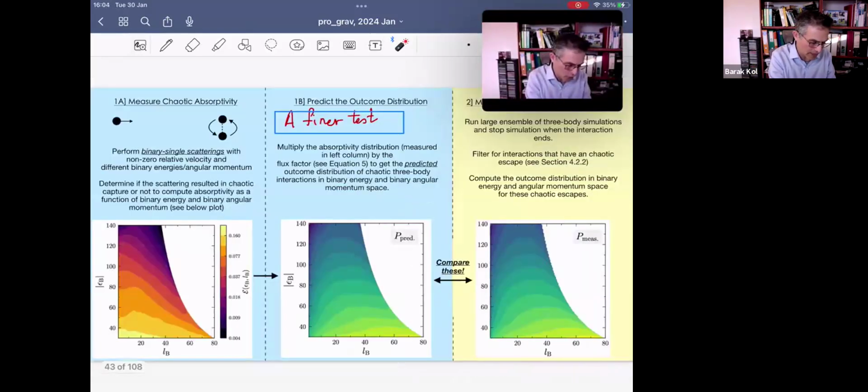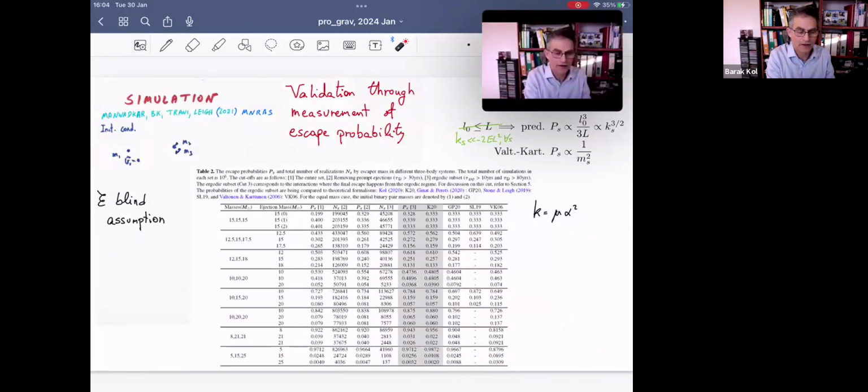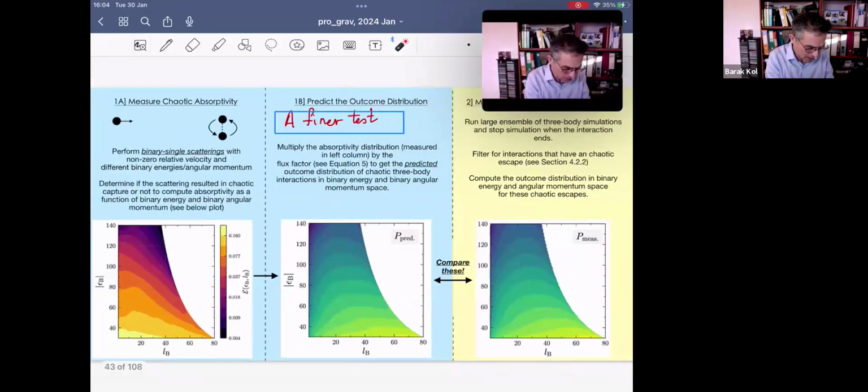But we can do more than that. That's just a discrete variable, 1, 2, or 3. Which one escaped? We can also consider continuous variables. And this is what we did here. We measured the chaotic absorptivity in experiments. And that's a shorter measurement, because here you need to follow it only up to capture.